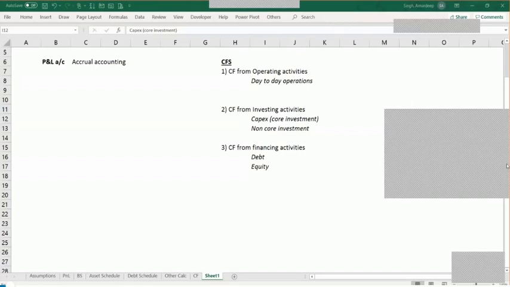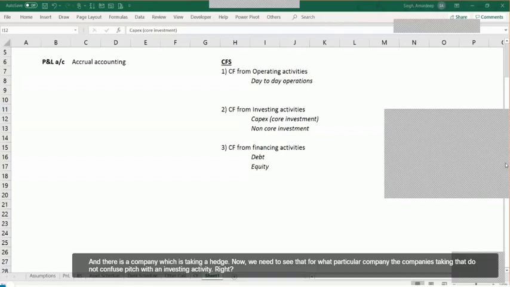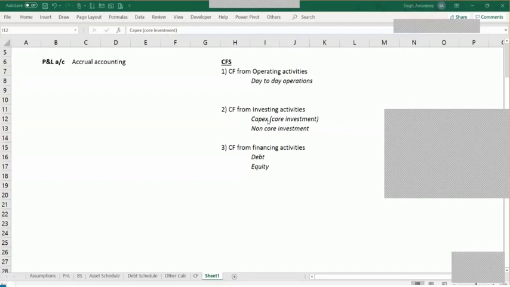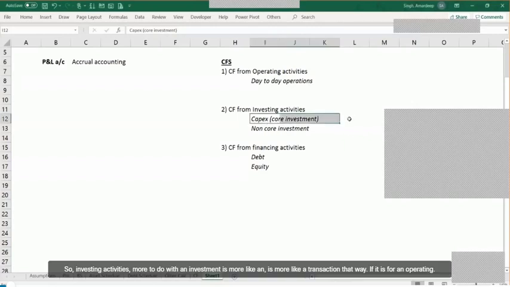Okay, so coming to your point, Dipankar, if there is a company which is taking a hedge, we need to see for what particular component the company is taking a hedge. Do not confuse the hedge with an investing activity, right? Investing activity is more to do with an investment. Hedge is more like a transaction that we are doing.